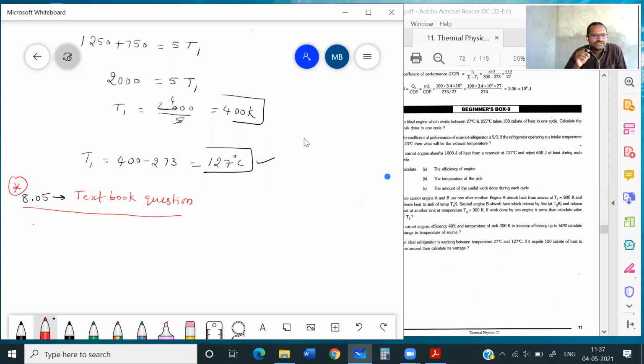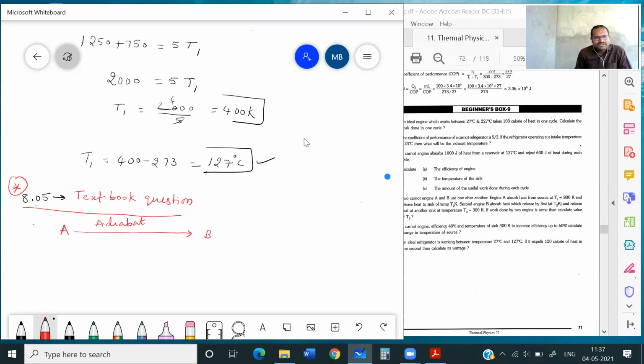Now I am reading the question. In changing the state of a gas adiabatically from an equilibrium state A to another equilibrium state B, an amount of work equal to 22.3 joules is done on a system. Okay, means there is one gas whose state is A and another state is B. In changing the state of a gas from A to B, how are they changing?